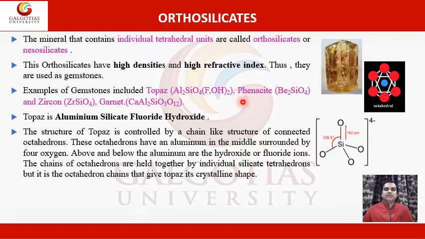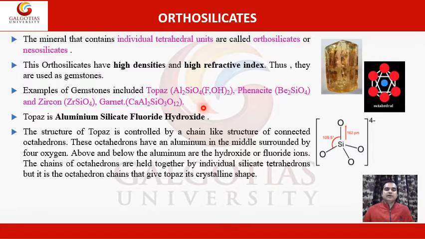Second is phenacite, with the general formula Be2SiO4. Then zircon, with the formula ZrSiO4, and garnet, with the formula Ca3Al2Si3O12.